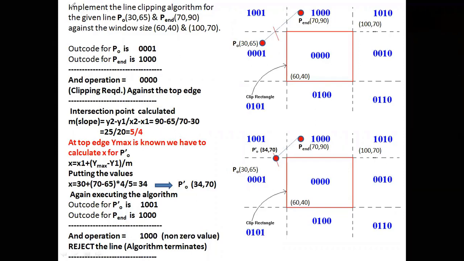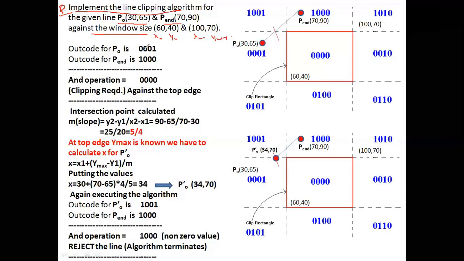This is the question: implement the line clipping algorithm for the line P naught to P end. One endpoint is given, and the end point is 70-90, and the window size is 60-40, that is X min, Y min, and X max and Y max.